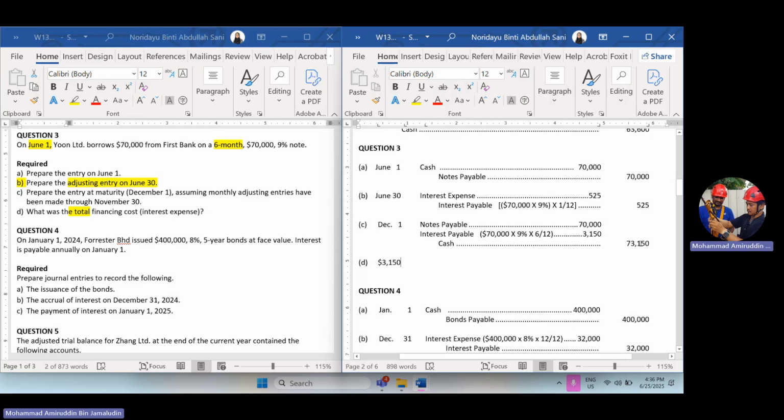How much is the interest expense? Also called financing cost. In SOPL, you can write finance cost, admin cost, selling and distribution cost. So this interest on notes payable, we can categorize it as your finance cost. 3150, this one, the 6-month interest.